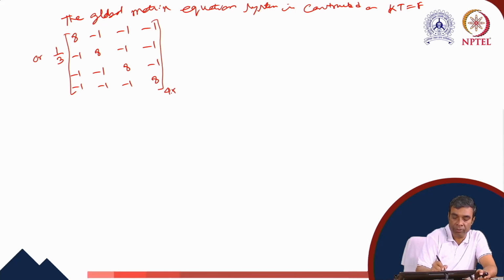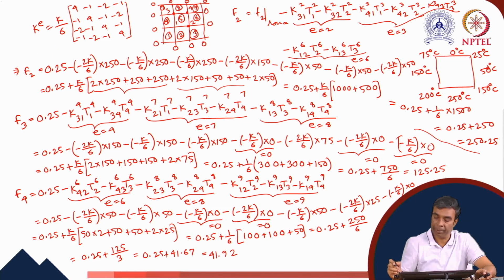So this is 4 by 4. T1, T2, T3, T4 equals to, let us check these numbers.